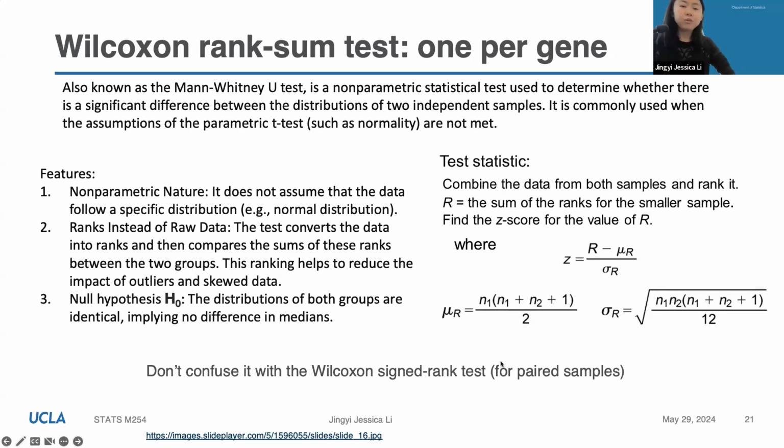But these two values, the expectation of R under the null and the standard deviation of R under the null, were theoretically derived. All right. So then you can use the z-score as the test statistic. But like I said, this is for computational convenience, given the mathematical complexity. So you just use standard normal.